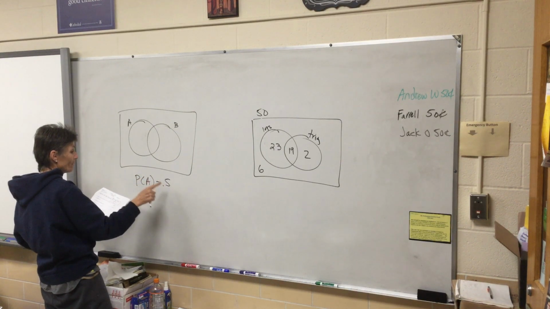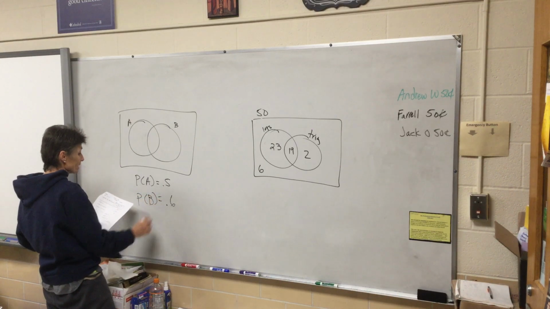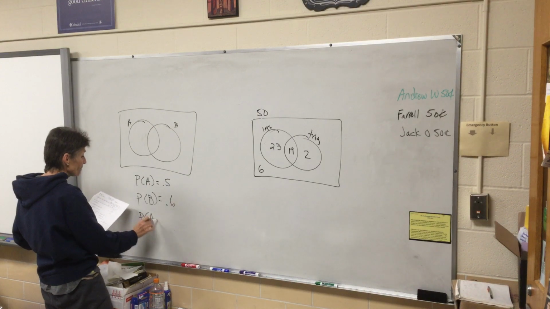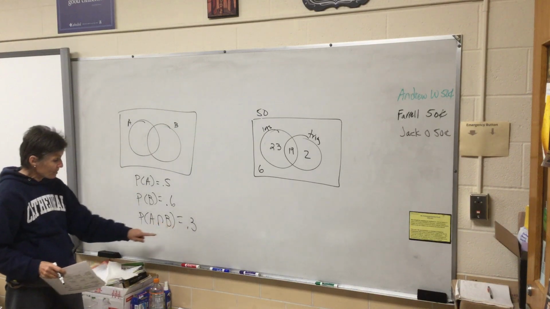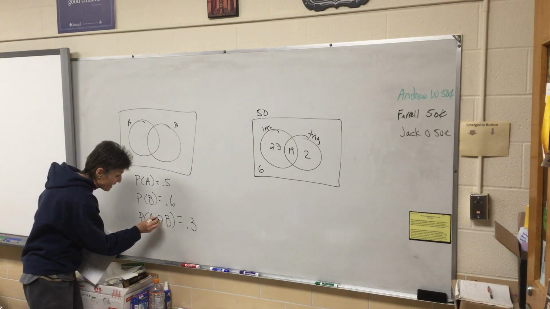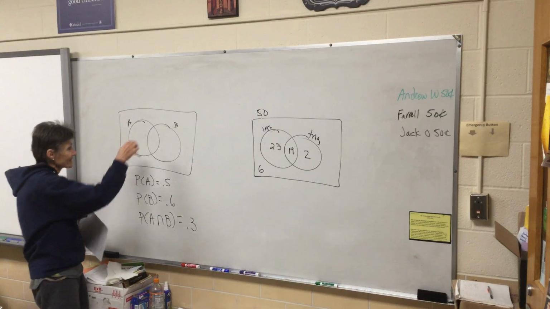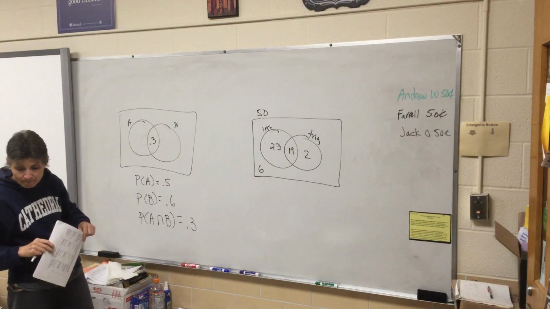Do not put 0.5 in the picture. The probability of B is 0.6. Do not put 0.6 in the picture. The probability of A and B is 0.3. This is A and B, and that can go in the picture because that's the football right here. That's 0.3.